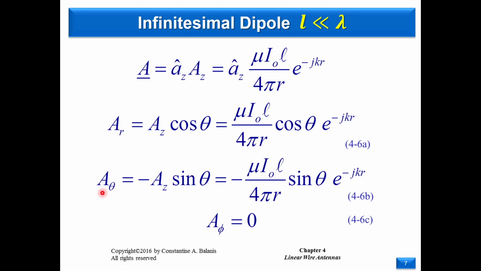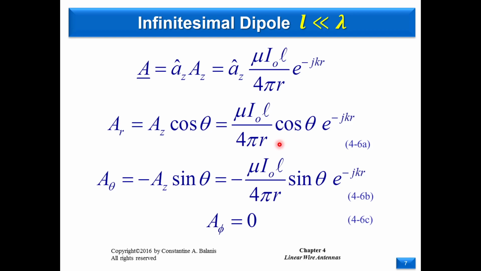We'll find that AR equals AZ cosine theta, A theta equals minus AZ sine theta, which has this expression, and I hope everybody knows how to do the transformation.